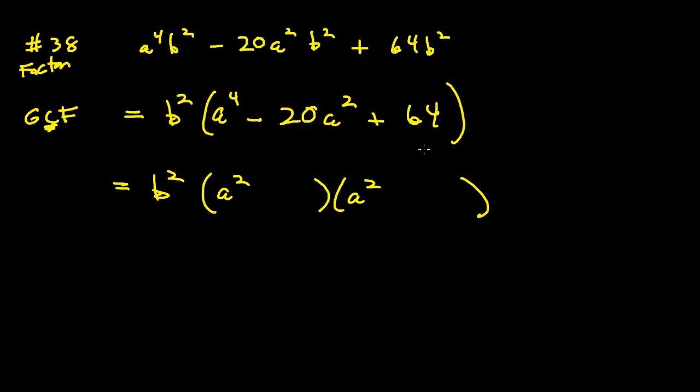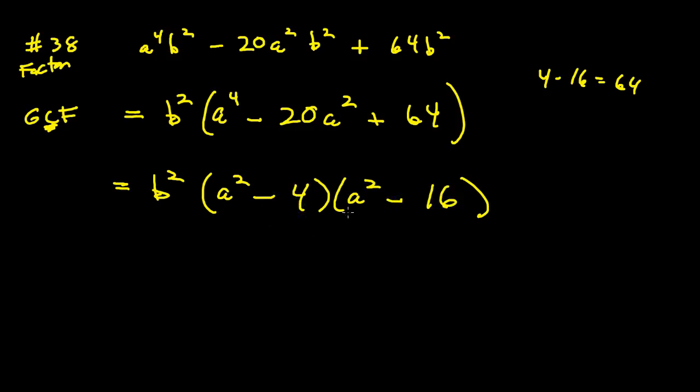I'm thinking 64, 16 and 4. 4 times, yes, 16 and 4. 4 times 16 is 64, right? And I can play with the signs of 16 and 4 to add up to a negative 20, if I can assign them both negative signs. So I think I've got it here, a squared minus 4 times a squared minus 16.